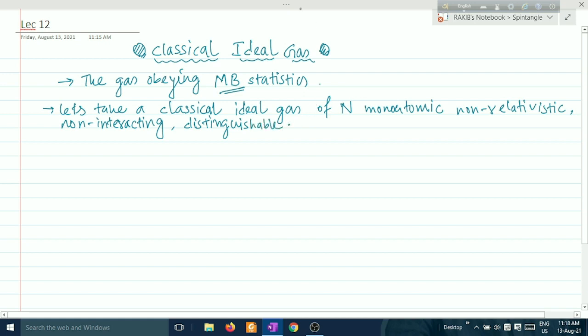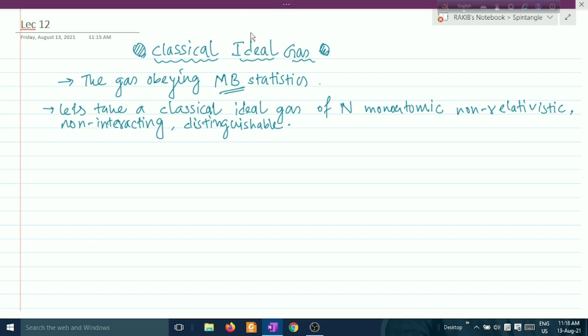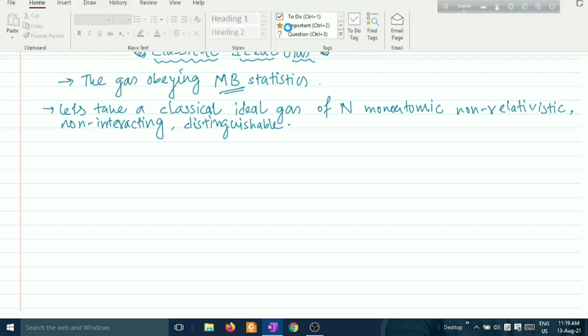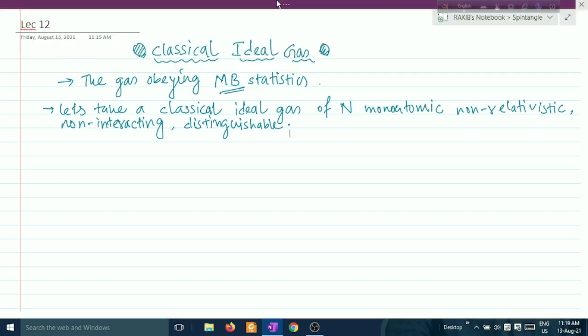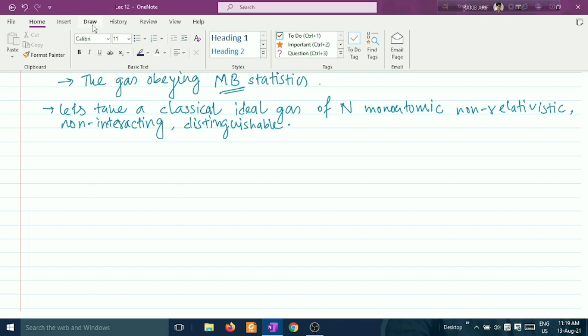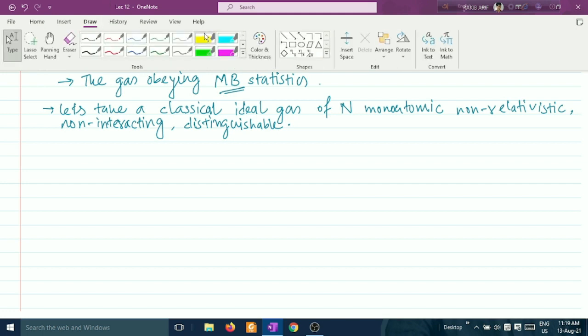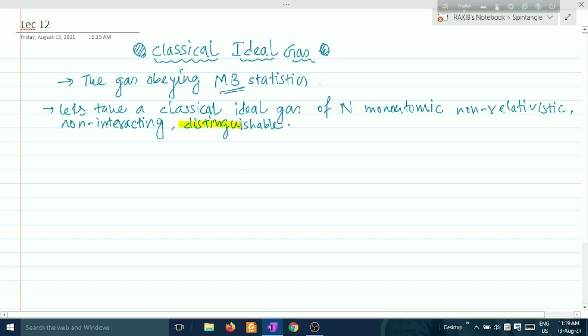This is an important parameter. Mark this thing, especially mark this thing: distinguishable.